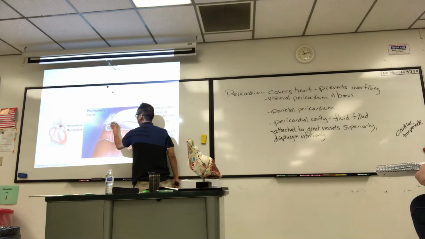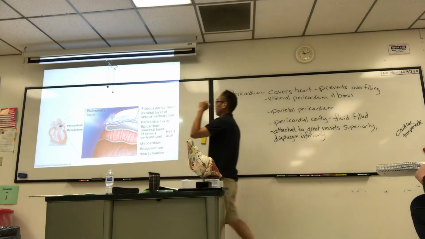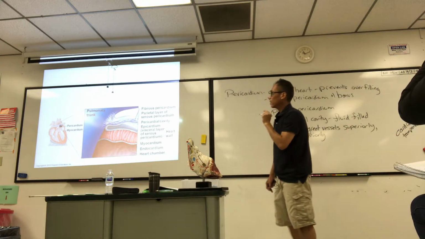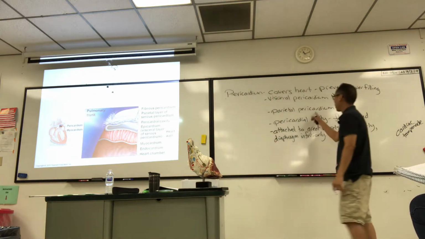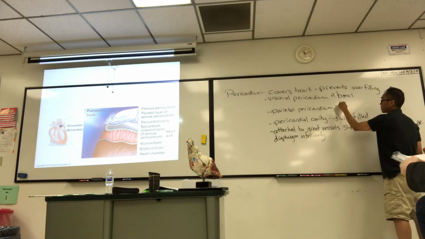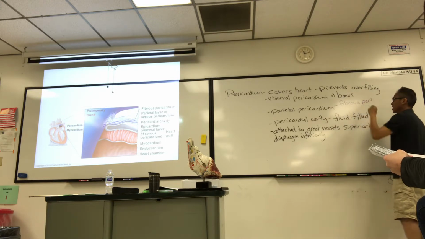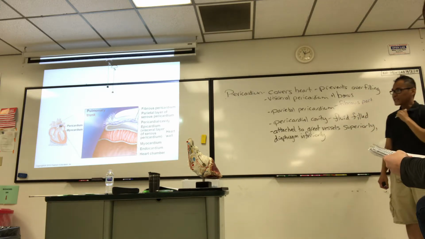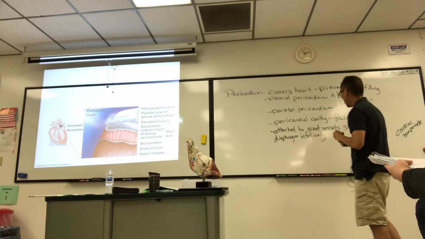Okay, this part here, I'm coloring in purple, they call that the fibrous part of the parietal pericardium. So the parietal pericardium has a fibrous part. Anything that's fibrous, it's tough. And this is the part that attaches to things.